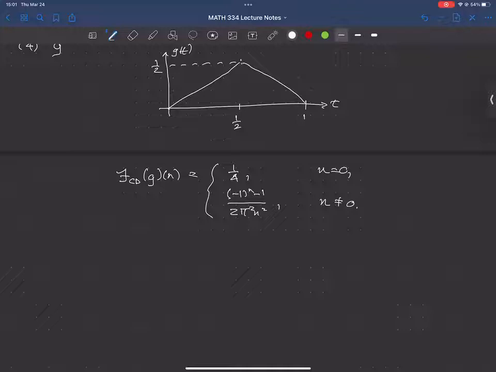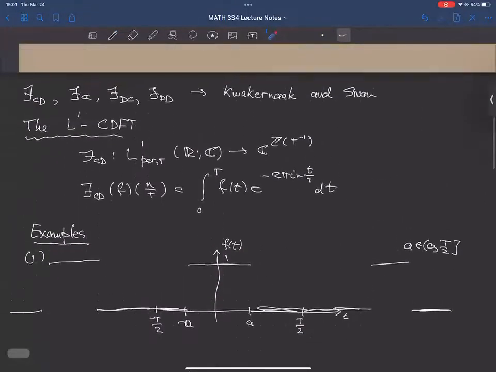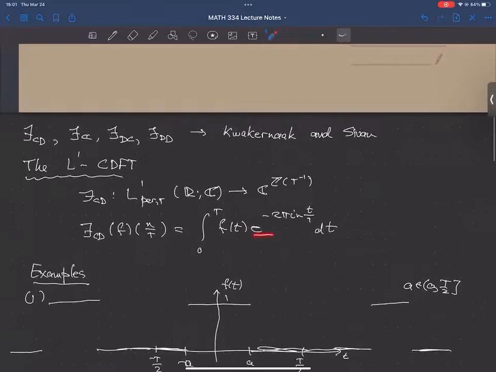Before I go on, let's remember from last time I said that in your definitions of the Fourier transforms, you can use the complex harmonics, or you can also use sines and cosines. I will always use the complex harmonics.